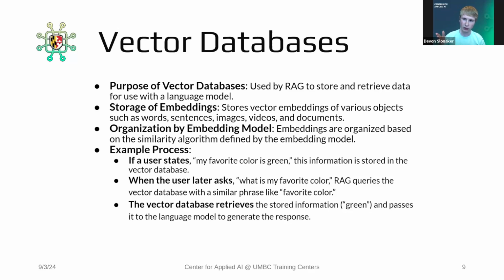That query will be embedded, and then it will search the vector database for the most relevant thing. It'll probably look for something like favorite color, and then it will find my favorite color is green. So it will pull out that information you gave it earlier, give it to the language model, and the language model will be like, "Oh, your favorite color is green."